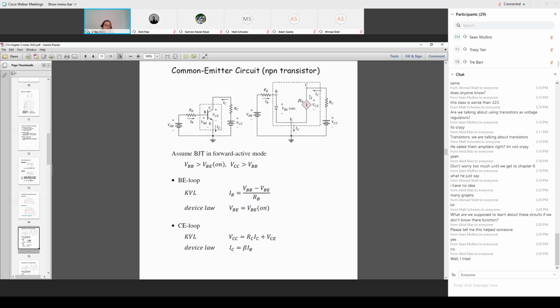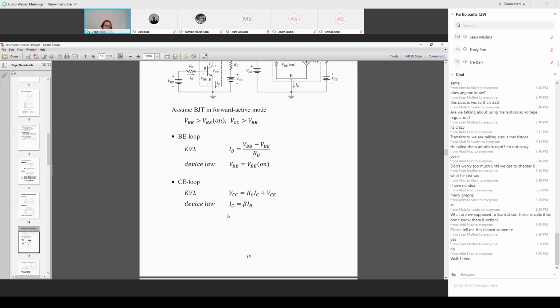How about modeling the other branch? If we bias the transistor to satisfy forward active mode, then the collector current IC will be proportional to IB. This is the BJT device law. In forward active mode, collector current is proportional to base current.